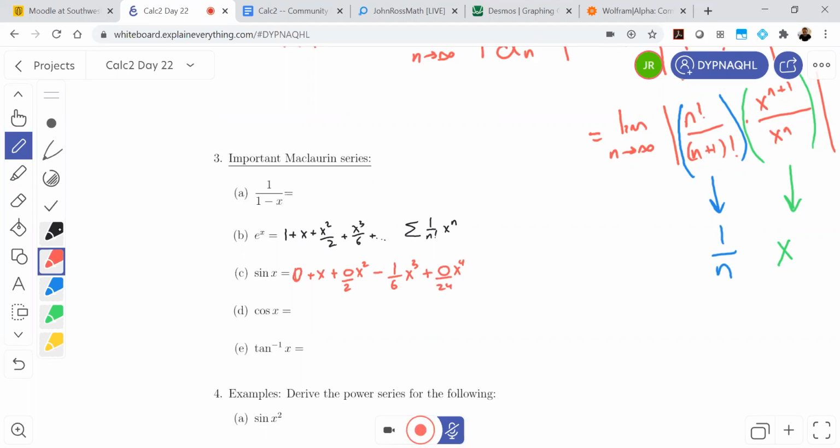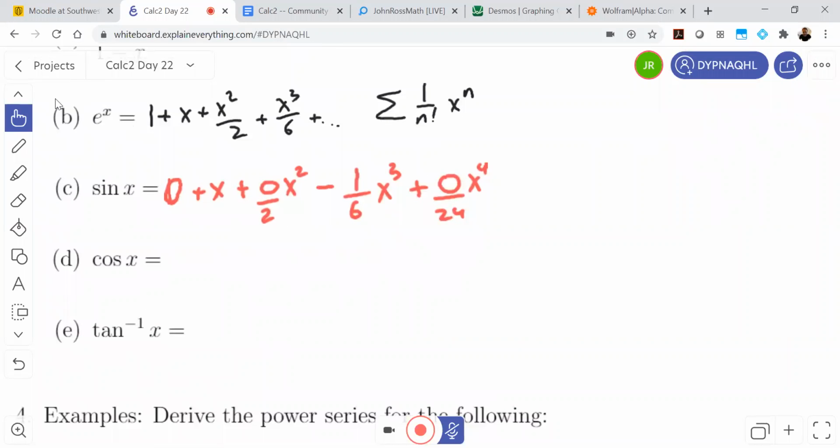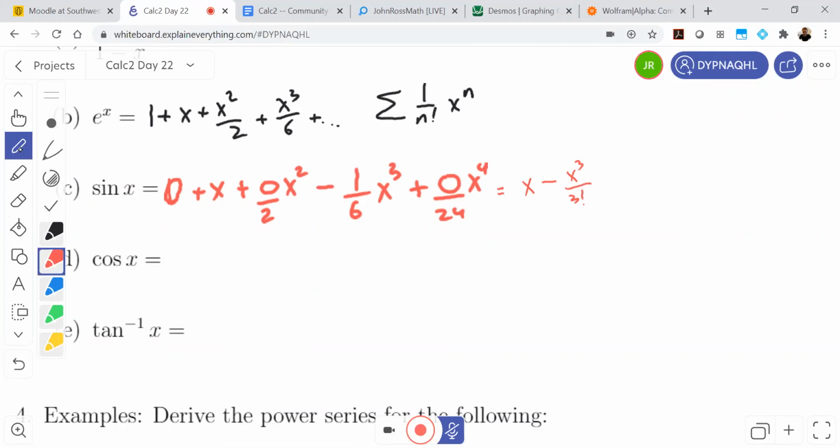To write this out in a more concise way, this is equal to x minus x cubed over 3 factorial plus x to the fifth over 5 factorial minus x to the seventh over 7 factorial plus x to the ninth over 9 factorial, and so on and so on.